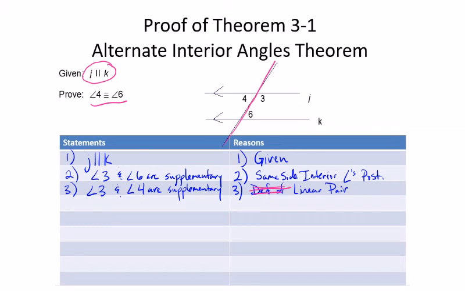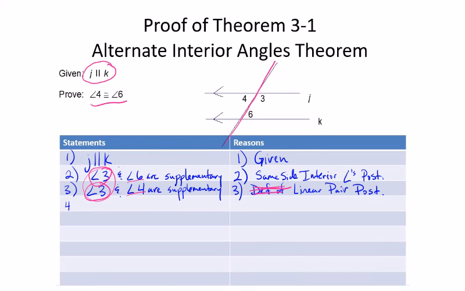So, all right. And so now we know, with another theorem, that if we have two angles that are supplementary to the same angle, then they must be congruent, right?